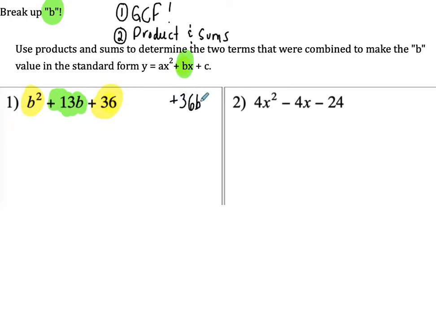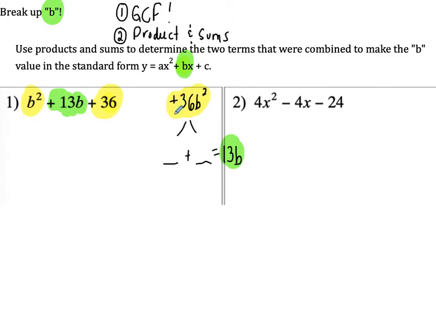In other words, I'm looking for two factors, so I make kind of a factor tree. And I want the two factors to sum up to my b value, so the sum of them needs to be 13b. So: products of a times c, and sums to b.